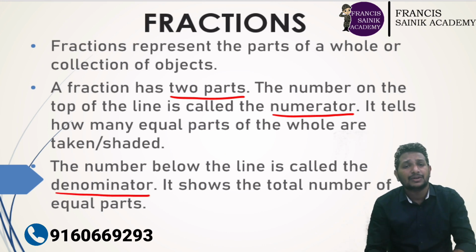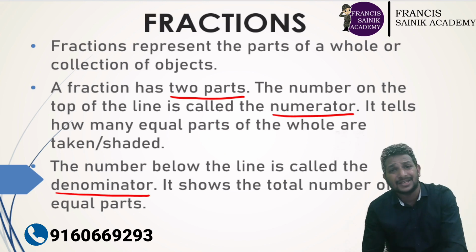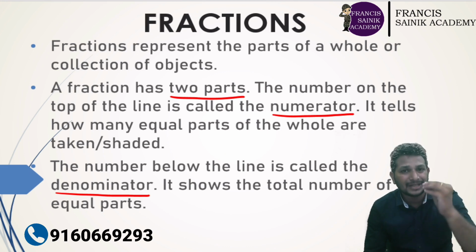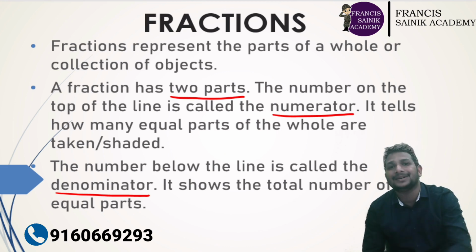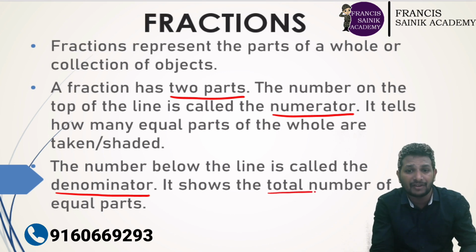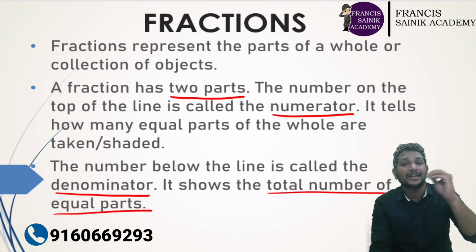So what is this numerator and what is this denominator? As in the example of the pizza, you took 2 pieces out of 6. The part which you took, that is 2, is the numerator. Whereas the total number of parts which are divided will always be in the denominator.